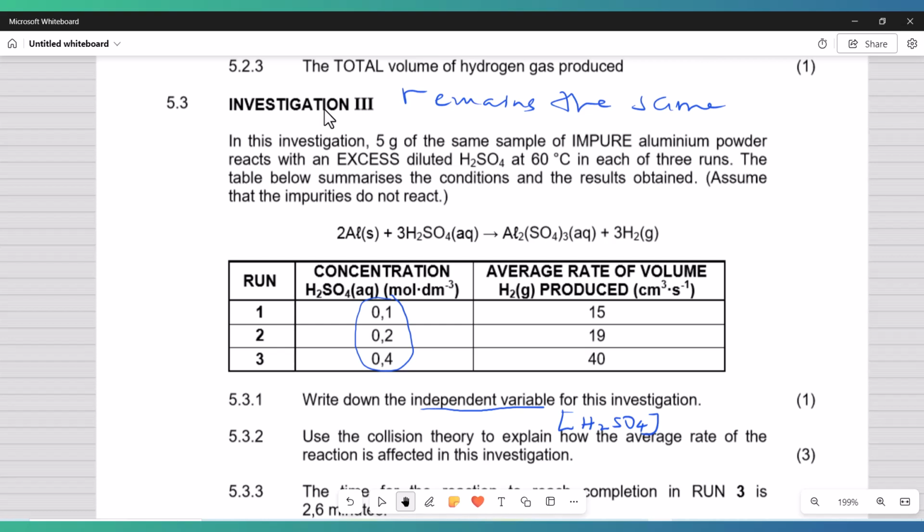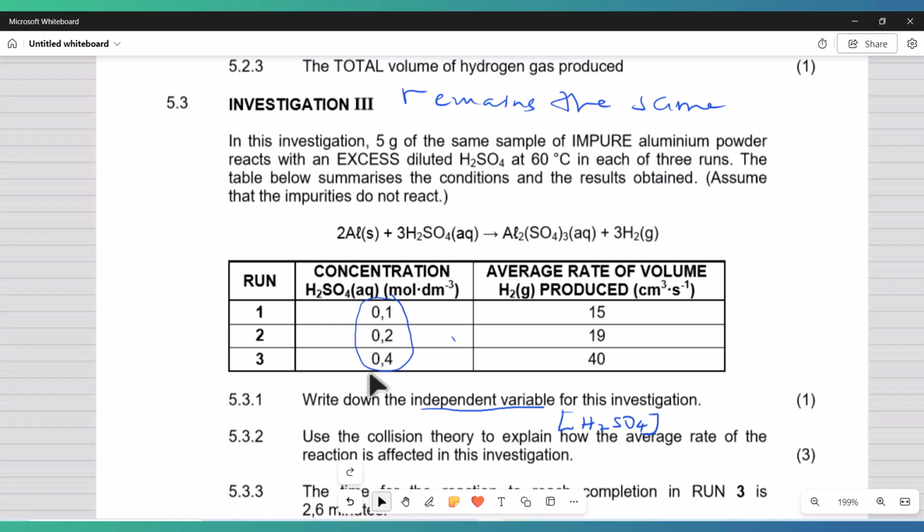We said when we have an increase in concentration, the rate also increases. So they say explain using the collision theory. First of all, we're going to have an increase in the sulfuric acid molecules.